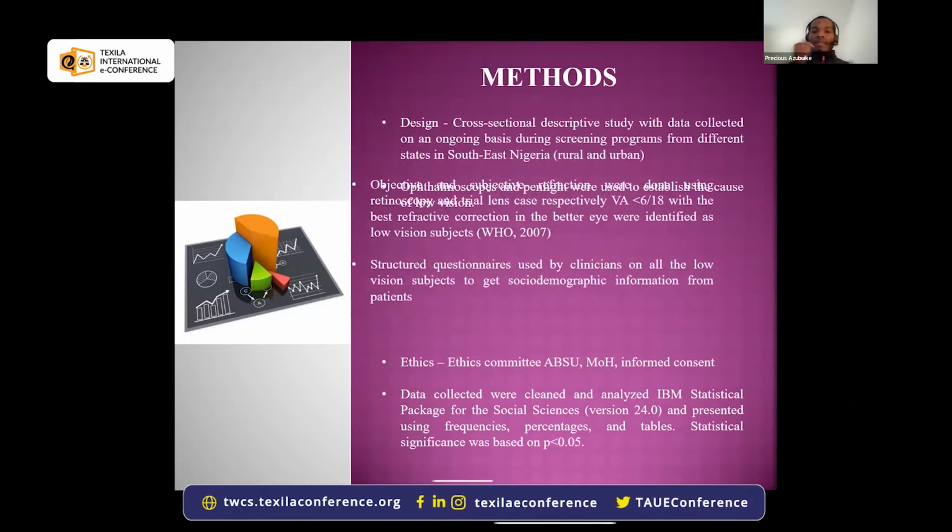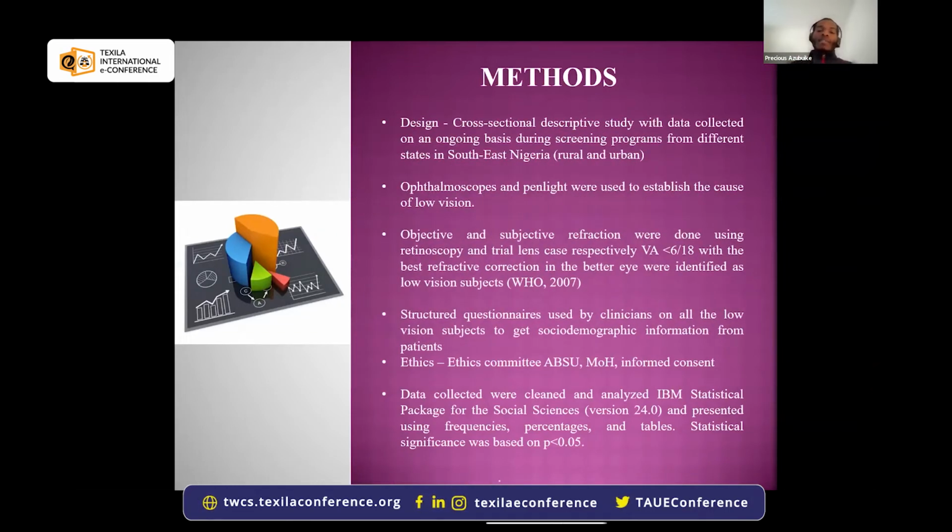As a method, the study was a cross-sectional descriptive study. We collected data on an ongoing basis during departmental eye screening outreaches across the 5 eastern states of Nigeria, between October 2020 and mid 2021.